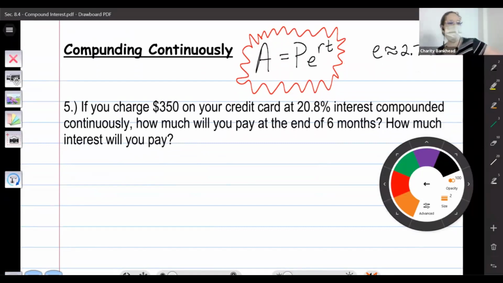It's approximately equal to 2.718, but it keeps going forever after that, the same concept as pi. Pi is approximately equal to 3.14, but it has a bunch of numbers that keep going on forever. So E is a constant, and we're going to use the button on the calculator for E.